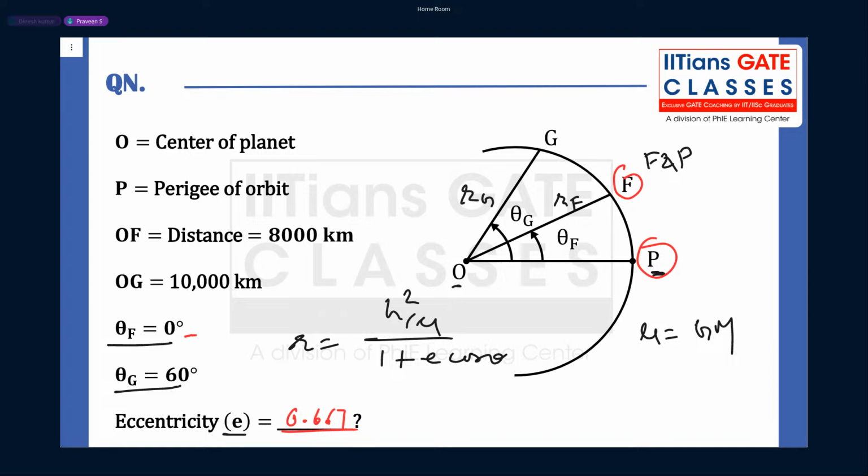Yes, sir, I got the same. If the data is correct, then our approach is correct. If anything else is given, then we have to say otherwise. This is the only way to solve it because we know the trajectory equation for an elliptical orbit, and they have mentioned two different positions where theta is given, and from there we can take the ratio of radius vectors and find the eccentricity.